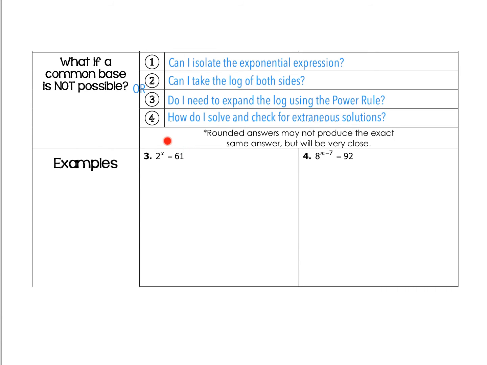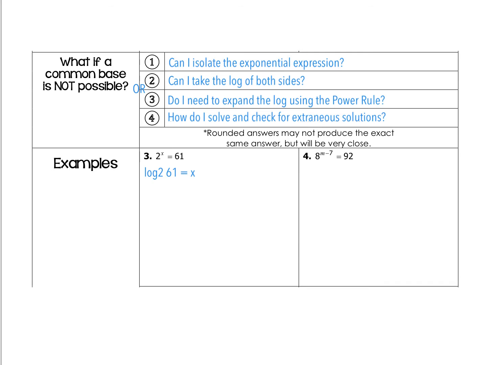Let's start with this right here, which is in exponential form. Let's go ahead and put it in log form. Base 2 to the x equals 61 can be written as log base 2 of 61 equals x. Notice that my x is isolated, so I have actually solved; this is my true value. But in our calculator, we don't have a log base 2 button. Our log button only does a log base 10.